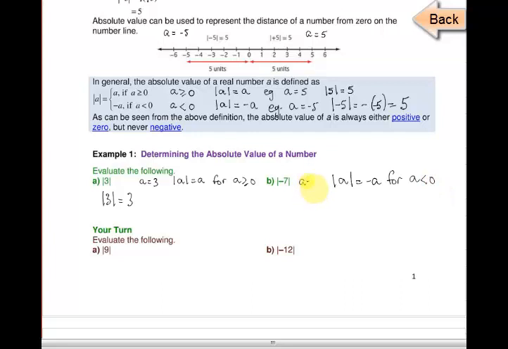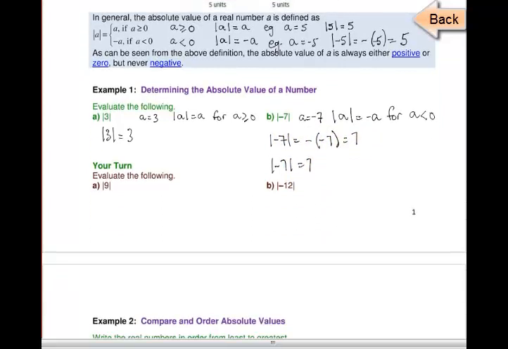And a in this case is negative 7. So the absolute value of negative 7 is equal to the negative of negative 7, which is 7. Now I wouldn't do that all the time. I would just write that the absolute value of negative 7 is 7, but I'm showing you how it works with the definition.